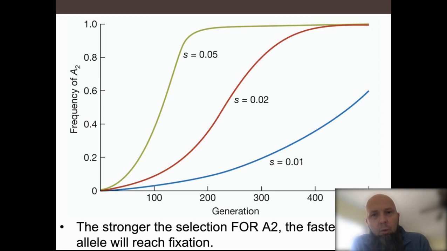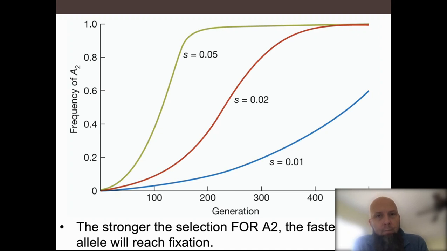So if S is 0.01, what that means is that selection is causing A1 to have 1% lower fitness, or 2% or 5% lower fitness. So the reduction in fitness of the allele A1 that is caused by selection can be 1%, 2%, or 5% in this example.